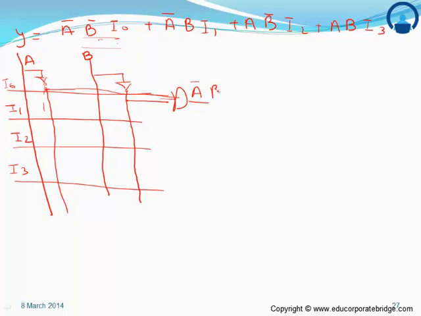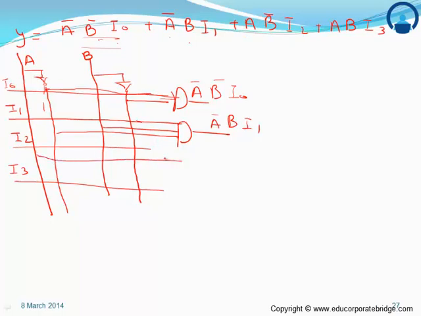This is A bar B bar I0. Similarly, A bar B I1 is A bar, B and I1. The third is A B bar I2, and the fourth is A B I3.